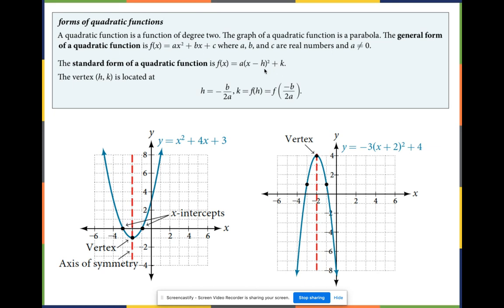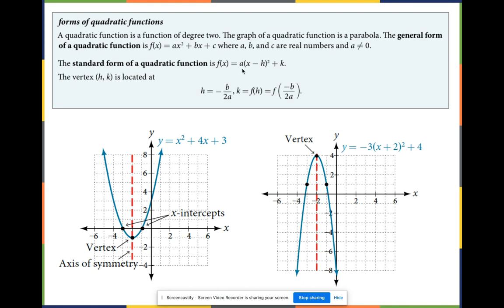So the vertex that used to be at (0, 0) is now at (h, k), right? So we can look at this form and know exactly where the vertex is, and that's why this form is sometimes called the vertex form. So this is called the standard form or the vertex form of a quadratic function. And then we've got this a here out front. This is actually the same a as in the general form, okay?